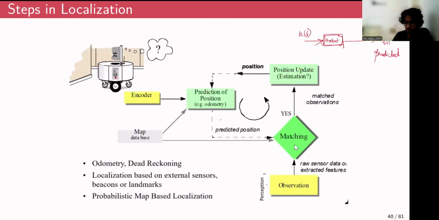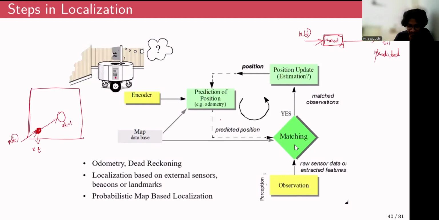So I'll also draw a map like this. And this was the previous position. I'll call this xt. You can consider this red blob to be the robot. If you supply some control input to the robot, the robot should be here at time xt plus 1 as per the encoder reading.